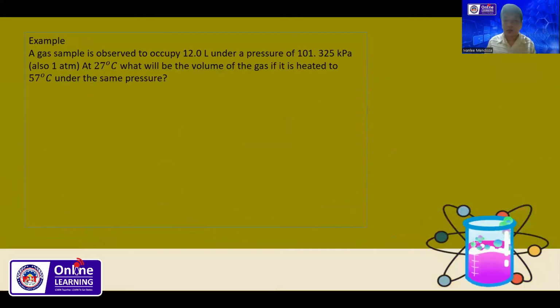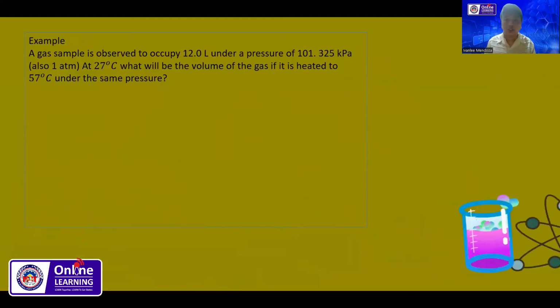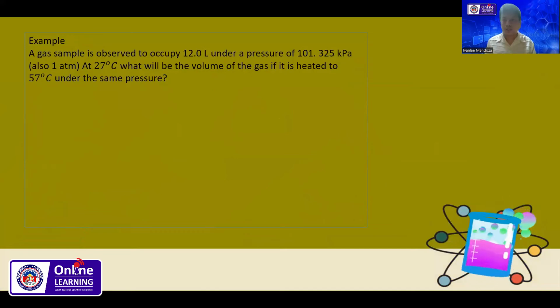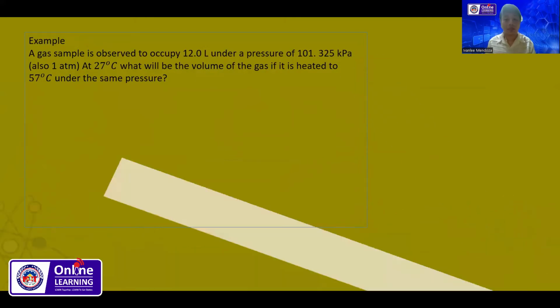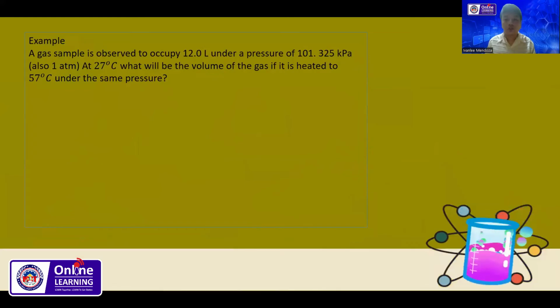Obviously it says under the same pressure, so this particular problem is under Charles' law. The temperature changes from 27 to 57, so you need to use the formula under Charles' law.